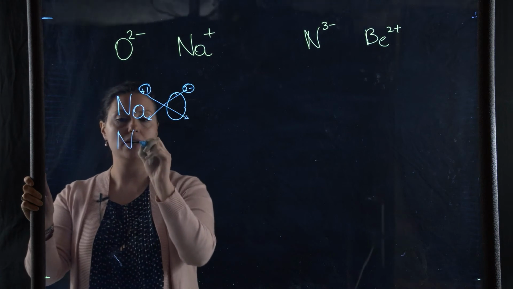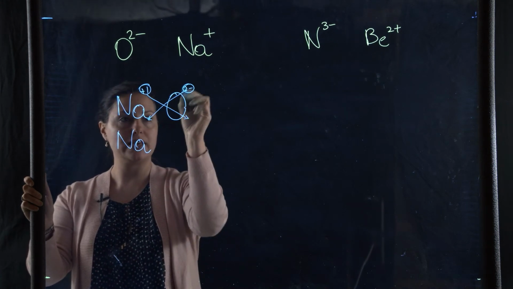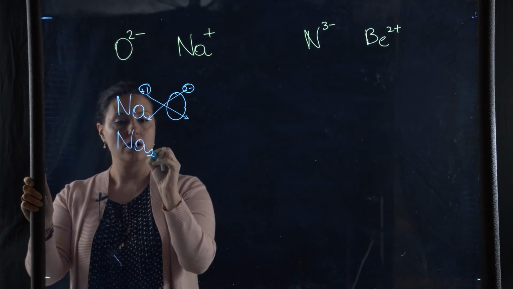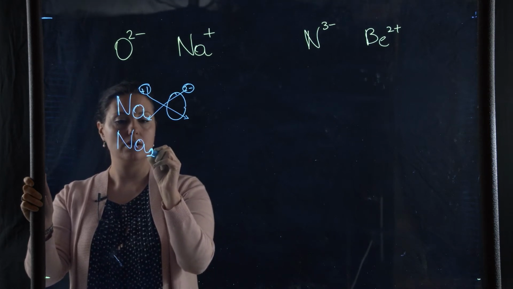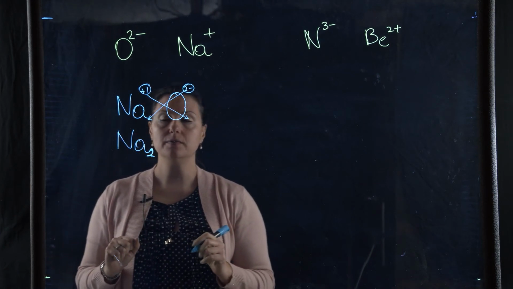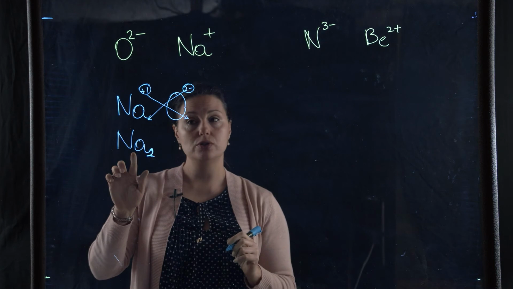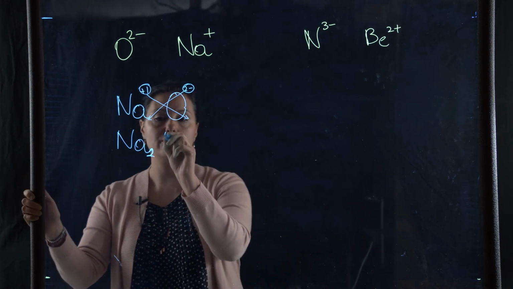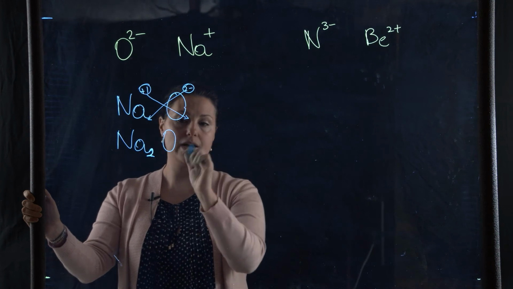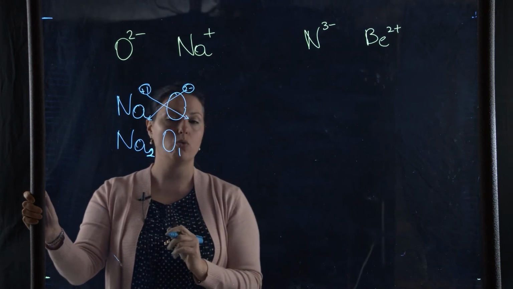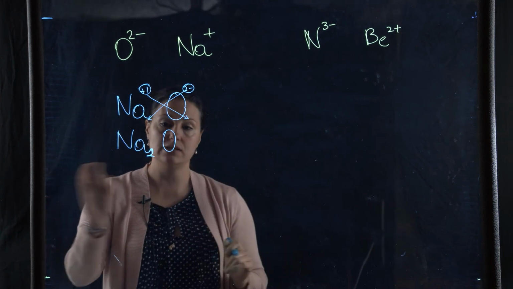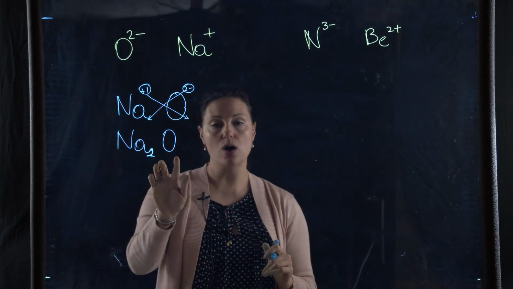So this would be sodium, and we take the charge from the oxygen and bring it down as a subscript on my sodium ion here. That makes 2 sodiums, and then I write the oxygen. The +1 of the sodium comes down here. It would be 1, but we don't typically write the 1. And so this is my formula, Na2O.